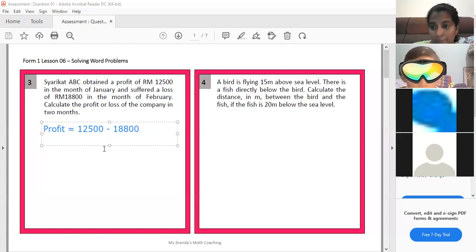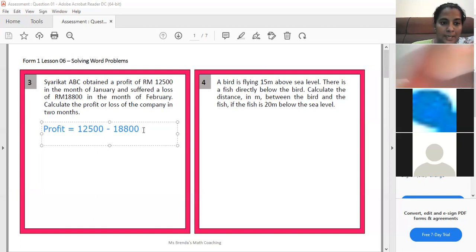You can use a calculator at this point. Use your phone and calculate. Just key in 12,500 minus 18,800 and tell me what's the answer on your chat. Negative 6,300. Good.